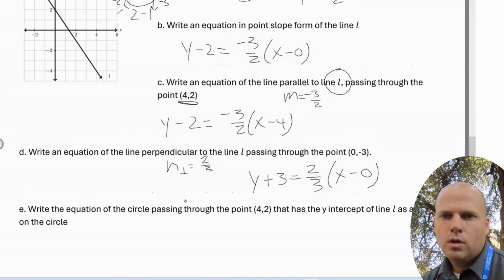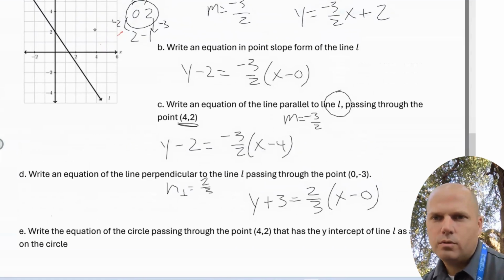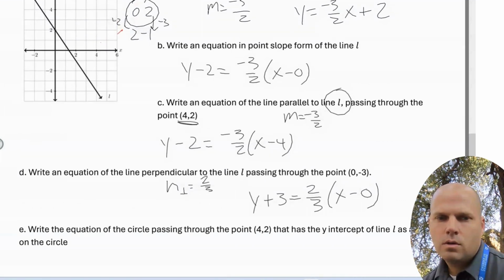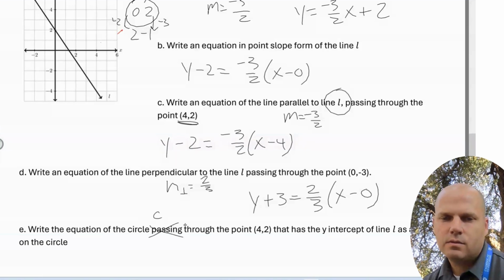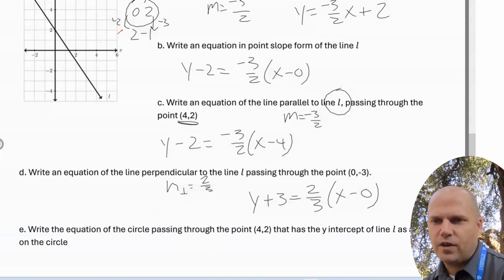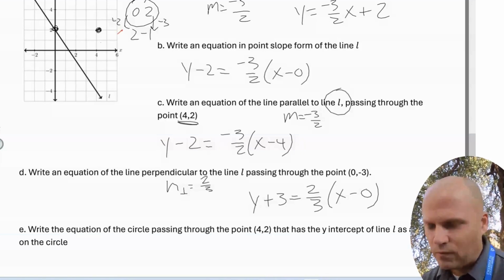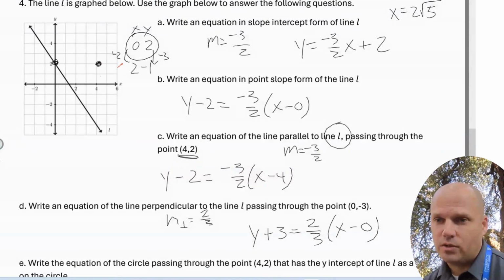Ooh. Passing through point 4, 2. Oh, let's go centered. Let's see if we can figure this out. Make it harder. I'll do it both ways. What if both of those points were points on my circle?